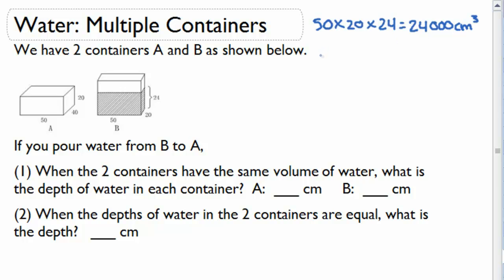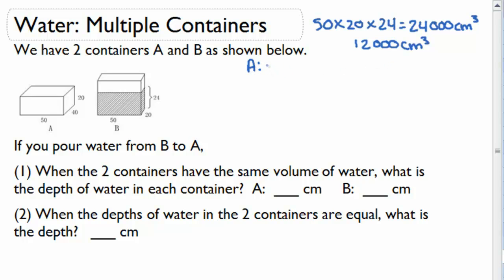Now, if we wanted to have half of the water in each container, we would take half of this. So 24,000 divided by 2 is going to be 12,000. That's the amount of water that we'll have in each box A and box B. If we want to know what the height will be, or the depth for each container, we'll take that one container at a time.